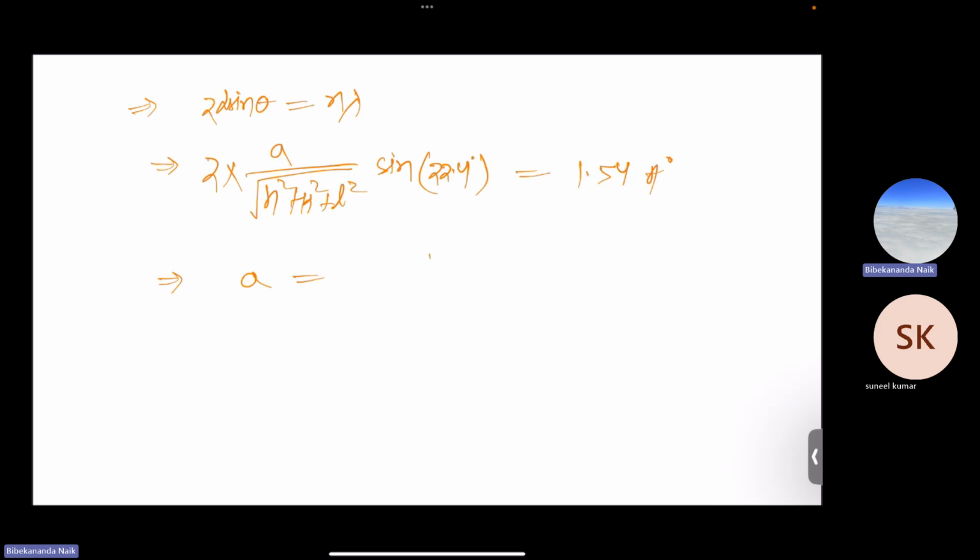Then a will be 1.54 divided by... here it will be 2 square plus 0 plus 0, so root of 2 square is 2. So these two will cancel out. It will be 1.54 divided by sine 22.4 degrees. If you calculate, the value of sine 22.4 is 0.38, so 1.54 divided by 0.38.